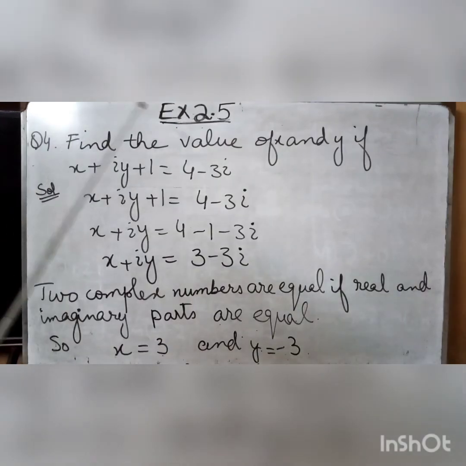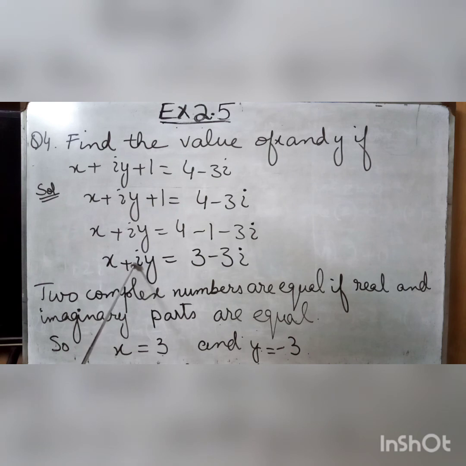Question number 4. Find the value of x and y, if x plus iota y plus 1 equal to 4 minus 3 iota. Solution. X plus iota y plus 1 equal to 4 minus 3 iota. Take this 1 to the right hand side. Then we have x plus iota y equal to 4 minus 1 minus 3 iota.